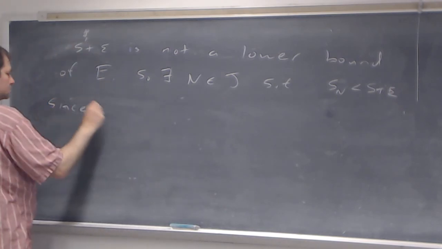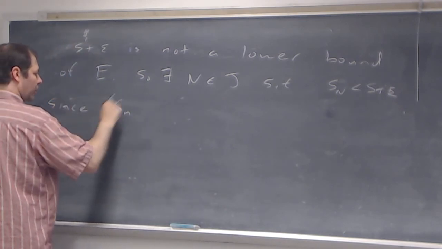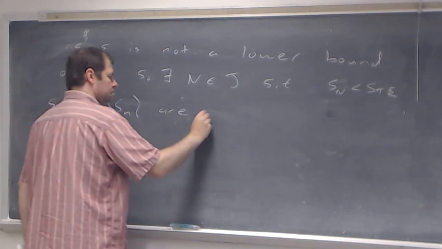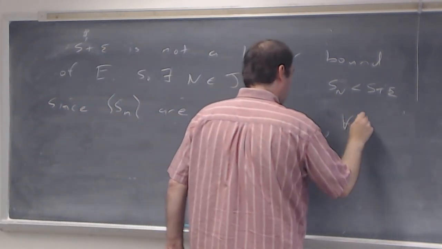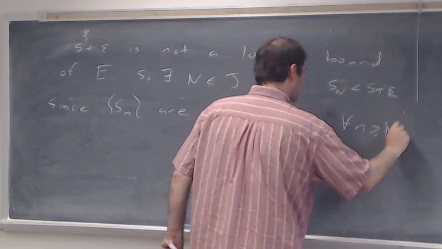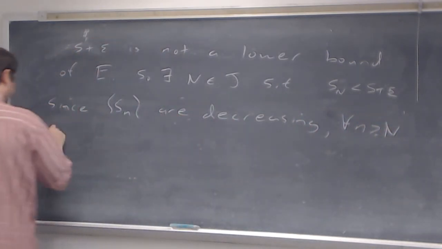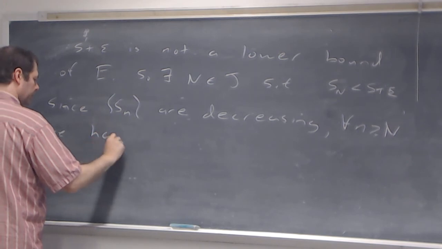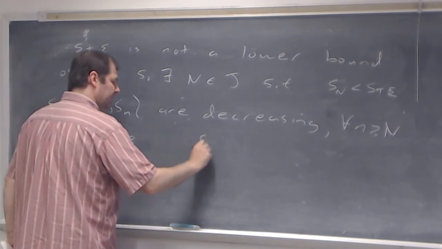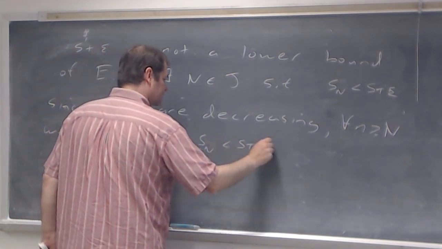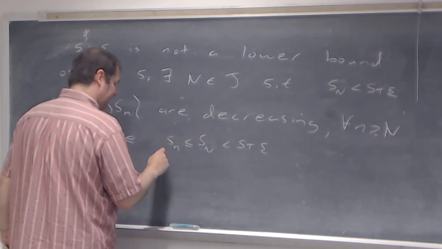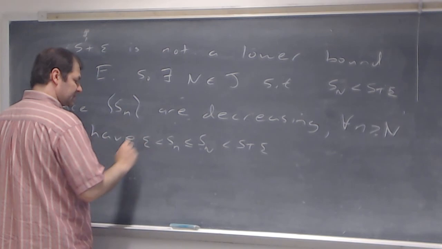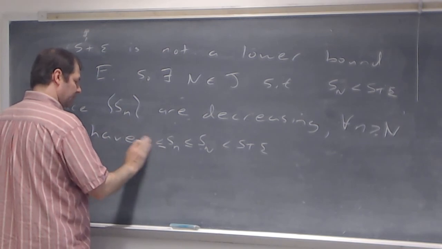Since the S of n's are decreasing, for all n bigger than or equal to this big N, we have that S of n will be less than S prime plus epsilon, but it's going to be bigger than or equal to S prime.